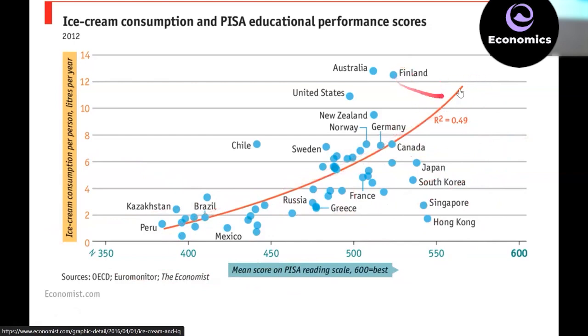Countries with high income like Finland, Germany, they also tend to have high ice cream consumption per capita. Right? Here, as much as children around the world would like to think that ice cream consumption will increase their reading scale, the relationship is probably not causal, right?